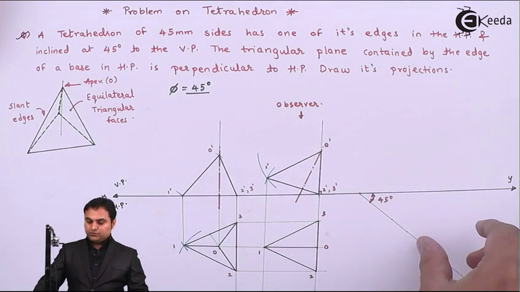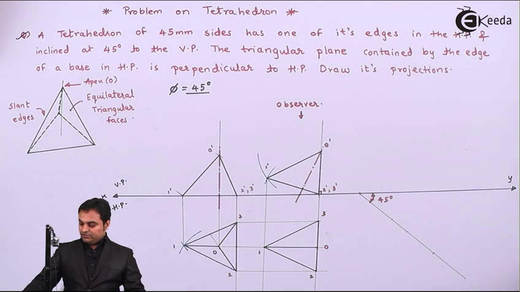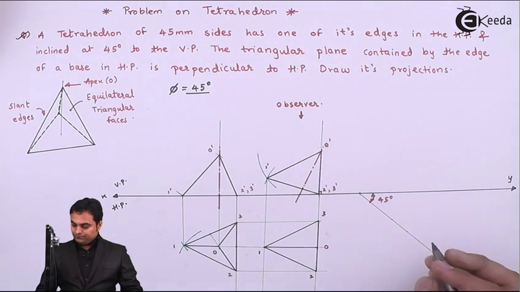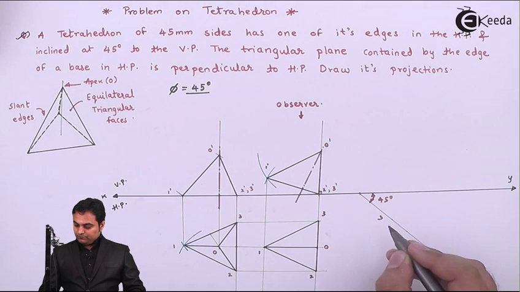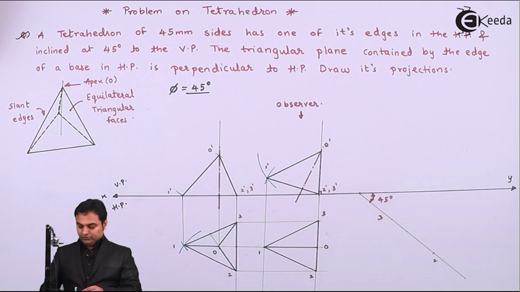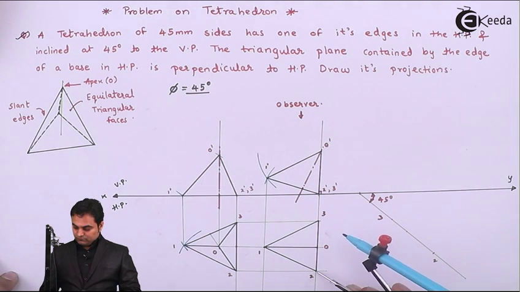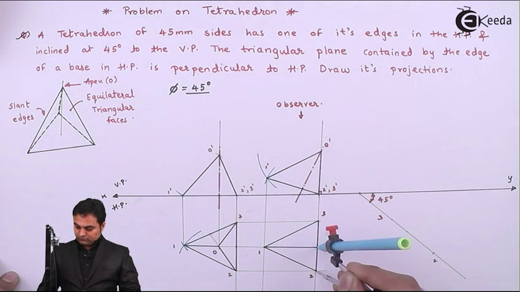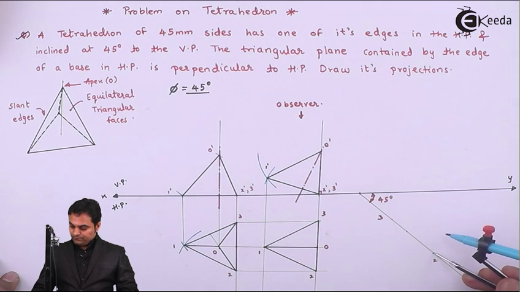It is shifted in this way, so here there will be point 3, this will be point 2. Then I'll take half of this, which will give me point O. Point 2 to O.